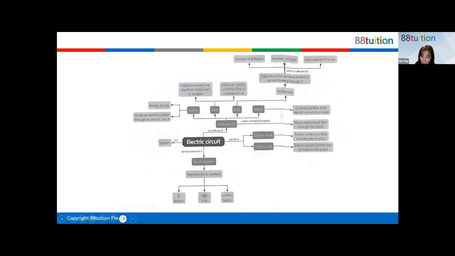Like for example, some of you like to write, switch controls the flow of electric current. So I see students will actually do this, right? Can open or close the switch. This open is not written clearly. Okay, so they like to write notes like this also.